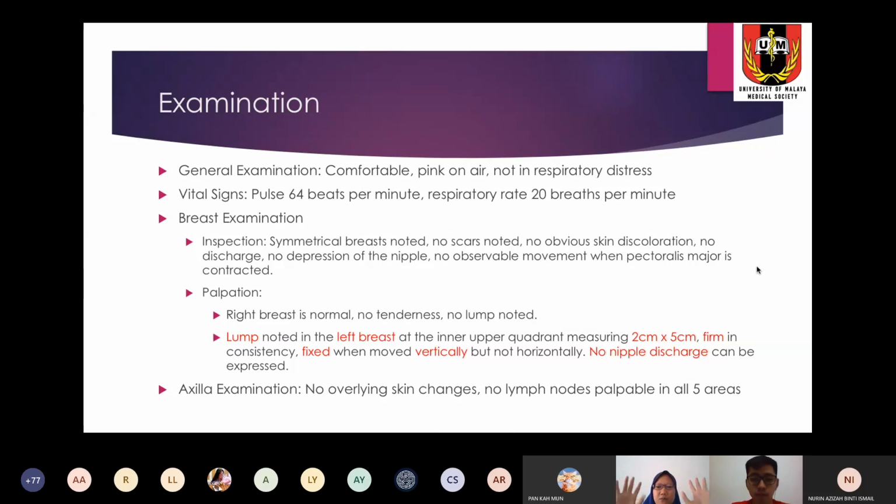You can identify between bloody and serous, or hemoserous. So you have to identify the color and how many ducts are involved. When you express, you can see whether it's a single duct or multiple ducts. And is it only one breast or do both breasts have the nipple discharge? That is just to add on to your examination.